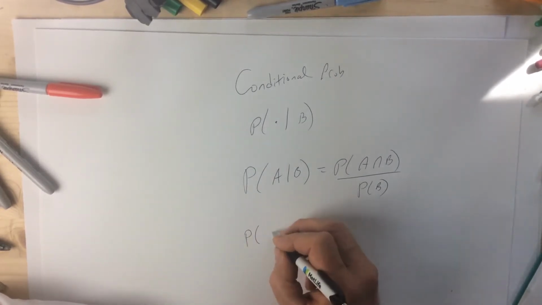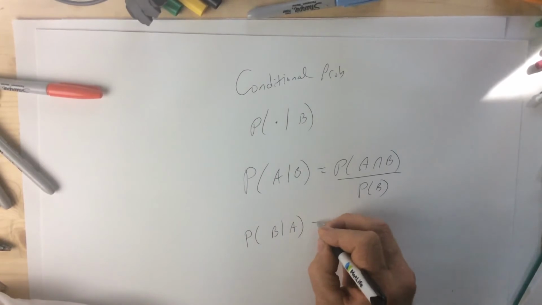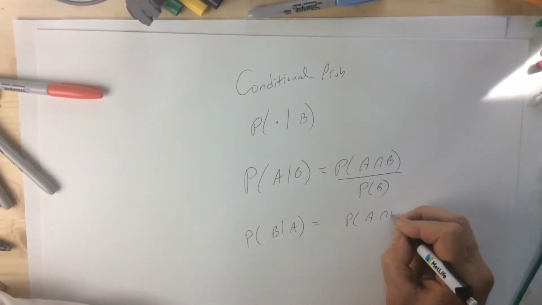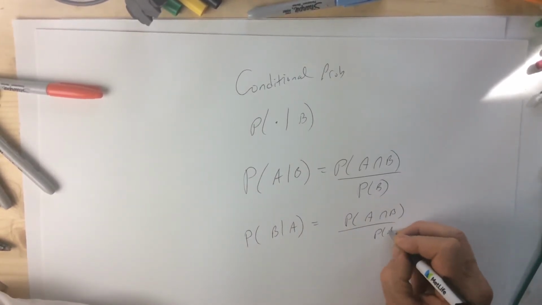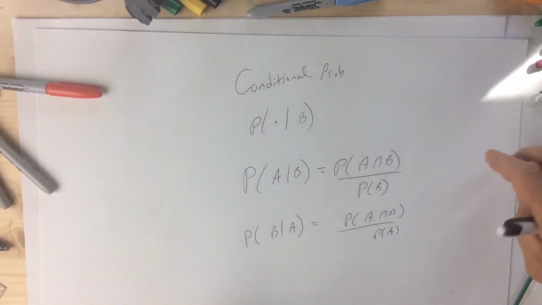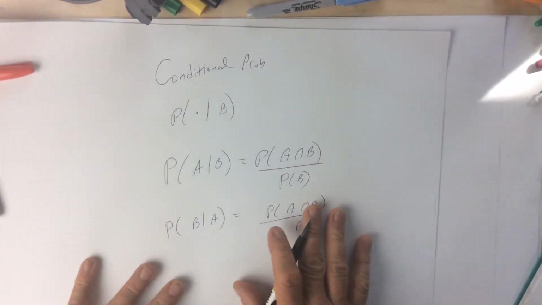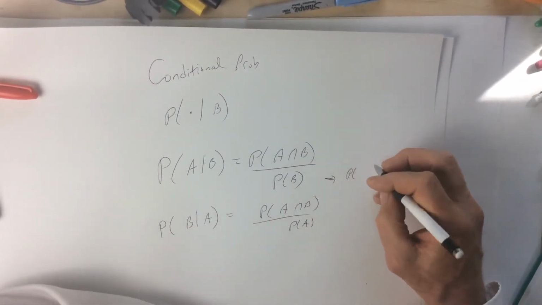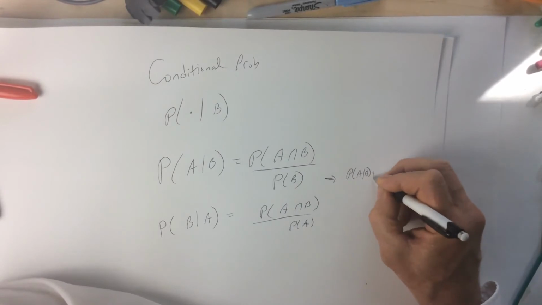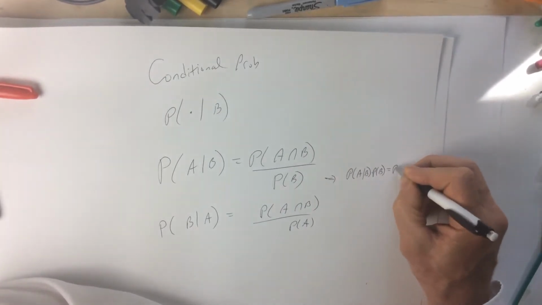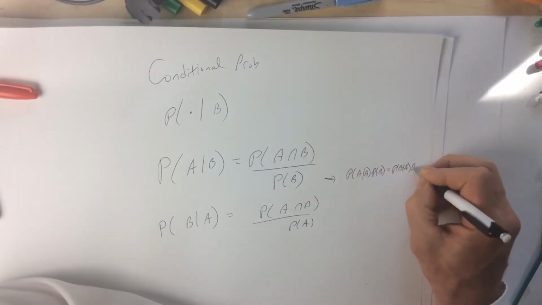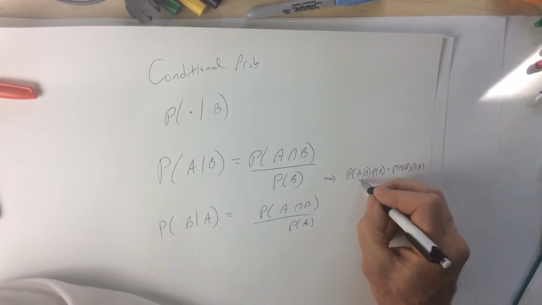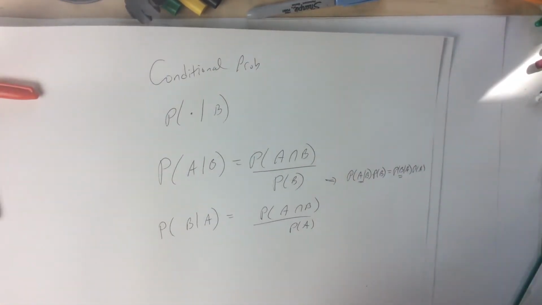But I want you to notice these two are very similar, and this is in common, so this gives rise to a different kind of formula: the probability of A given B times the probability of B is the probability of B given A times the probability of A, which says that reversing conditionals is a related fact.